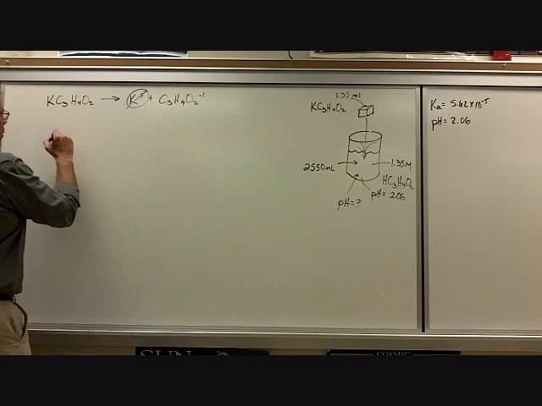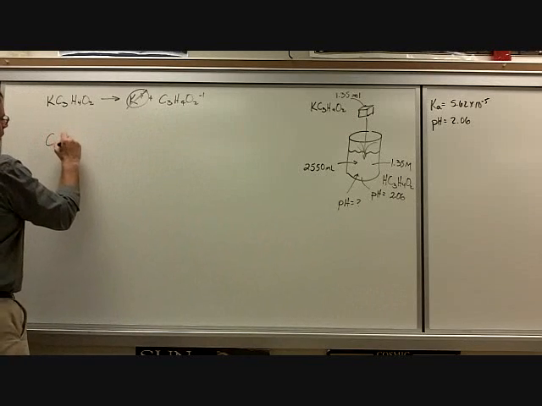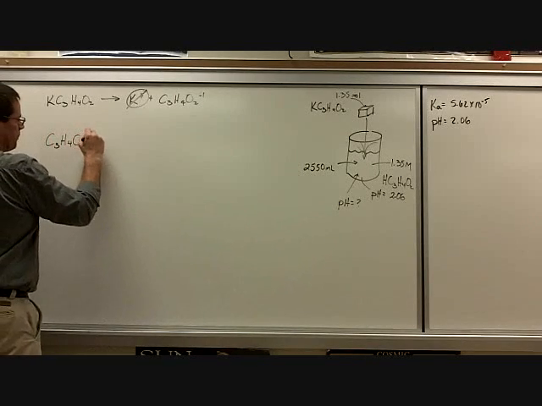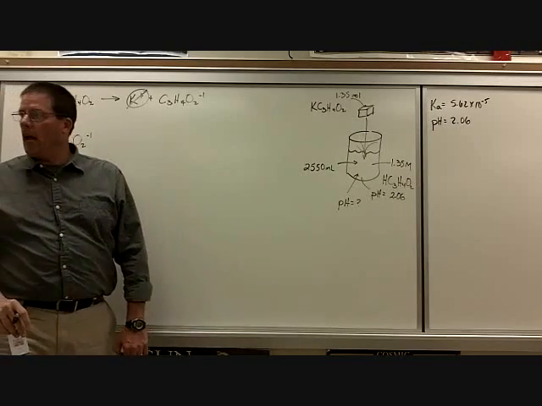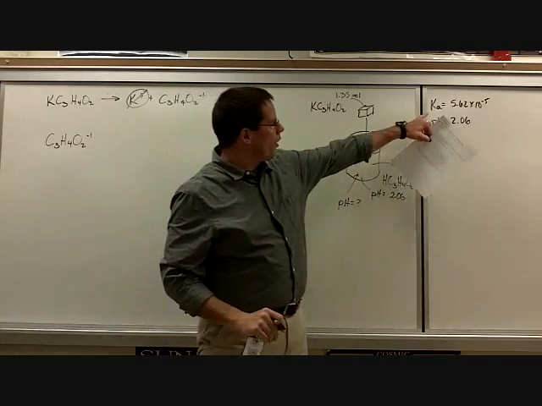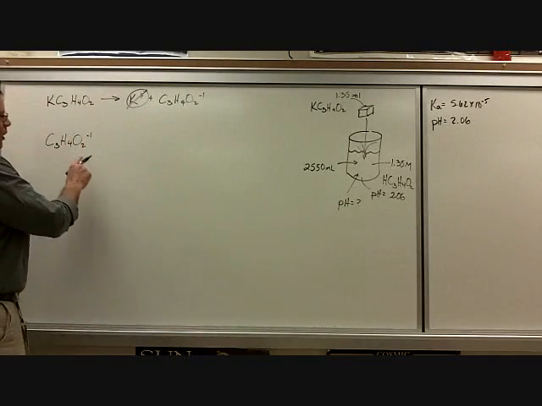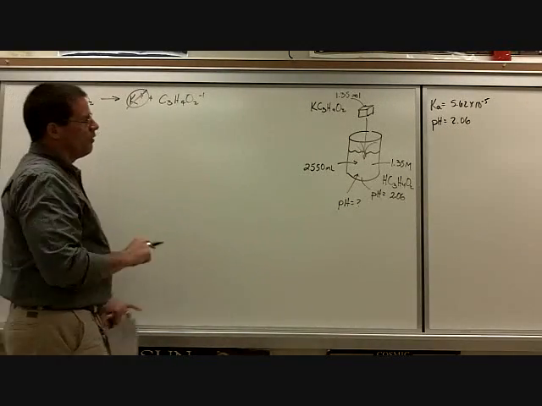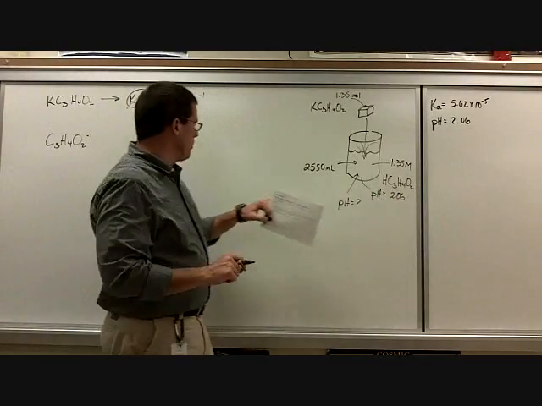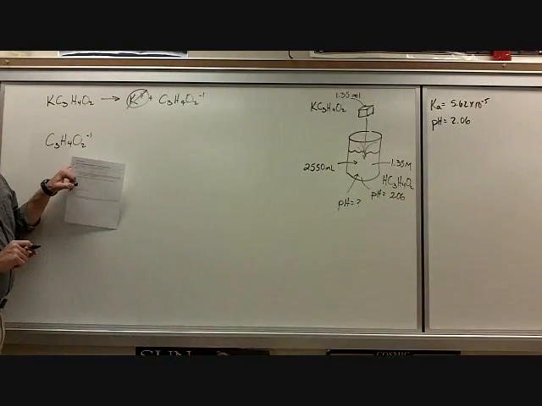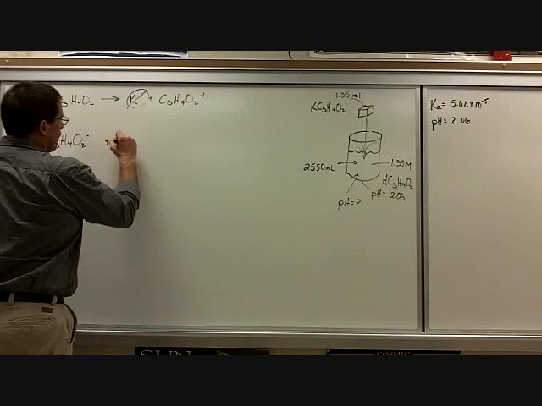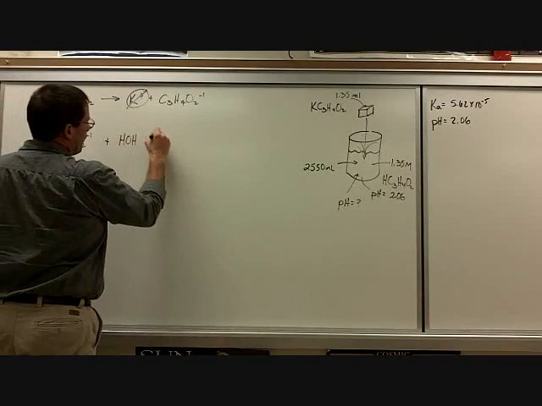However, the C3H3O2 is a conjugate of what? Of the acrylic acid. And we have a Ka value for our acrylic acid, and we actually have the equation. So if this is a conjugate of an acid, this behaves as a what? A base. Very good. So I'm going to put water there.